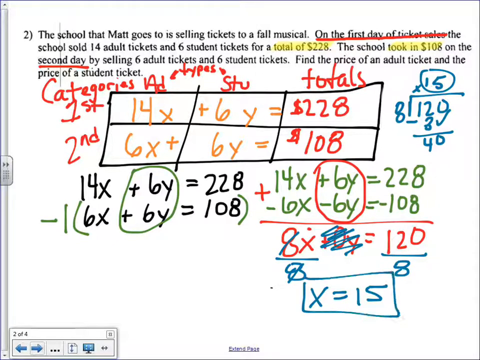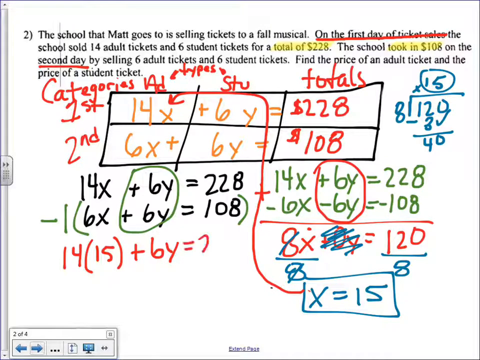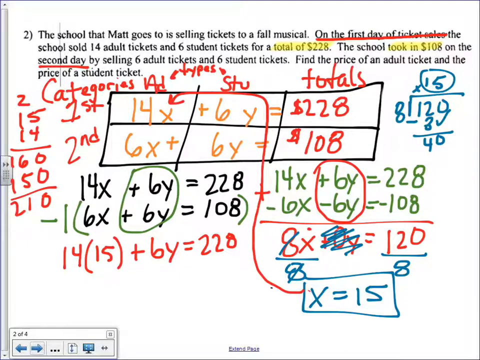But I'm not done yet. I have to figure out what y is. So let's plug it into the first equation. First one, second one, doesn't matter. 14 times 15 plus 6y equals 228. 14 times 15, yikes, that's going to be big, so let's do that math over here. It's going to be 210.